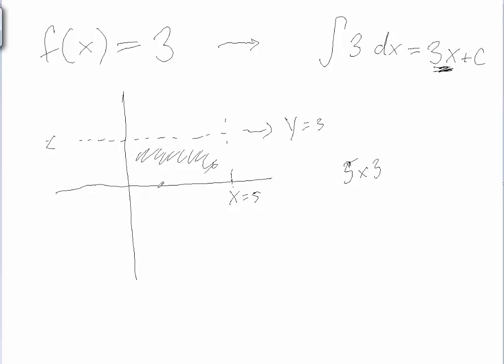So this area between 0 and 5 equals 15. And if I think of starting at 0 and going to 5, the antiderivative was 3x. Well, the area here is 3 times that x value, 5.